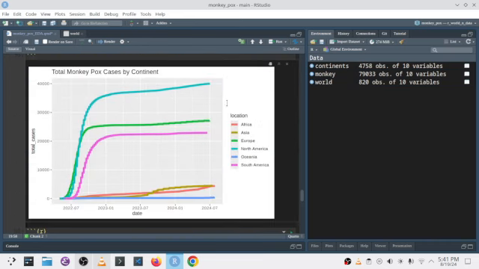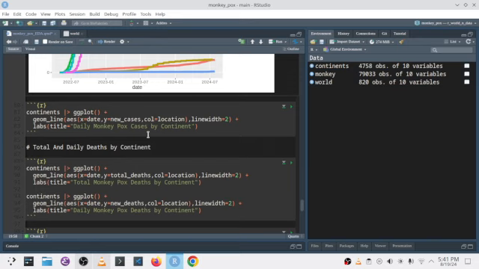This is total cases, and as you can see, North America has actually had the most cases, which is about 40,000. I mean, North America since 2022 has reported about 50% of the cases, which is kind of interesting. I thought Africa would have the most, but I think Africa's all the way down here.